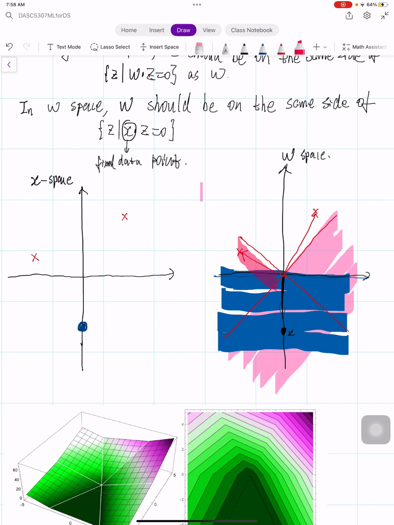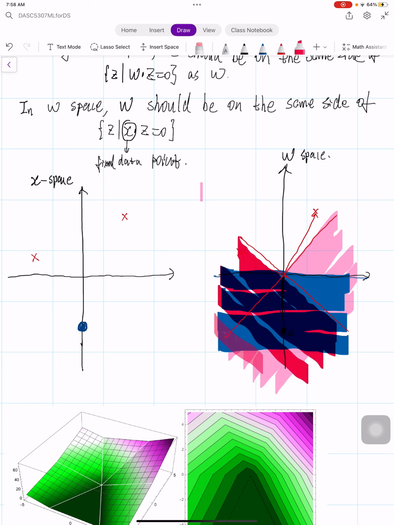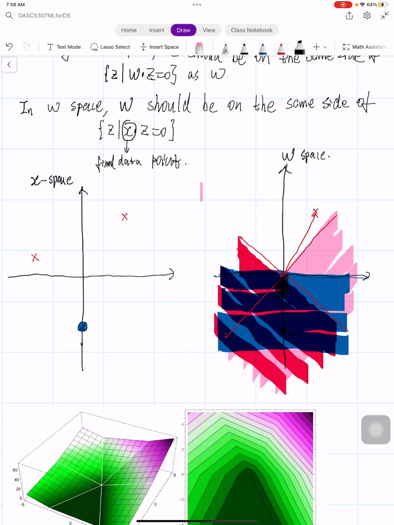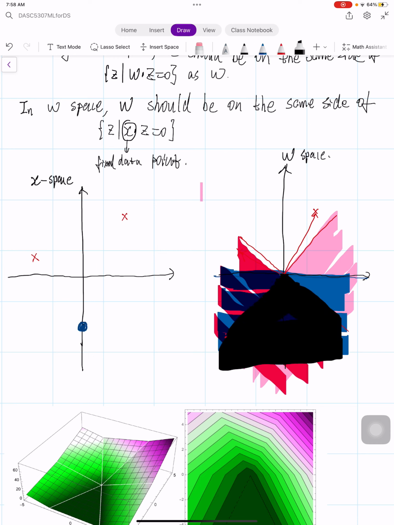We go through every point like this, so the solution will be in this region, the intersection of all these regions, in this lower triangle region.